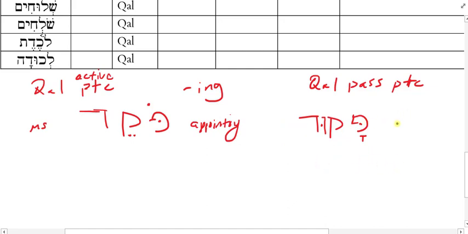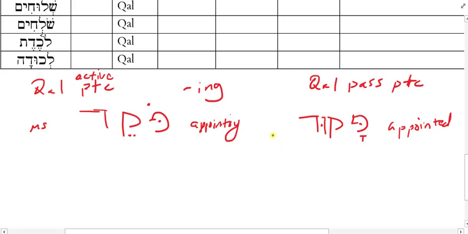How am I going to translate this? I'm going to translate it as appointed. So the appointed king. That doesn't mean the king's appointing anyone, but rather someone appointed the king, right? The appointed king. The appointed feast. The appointed cat. The cat is now the king, right?